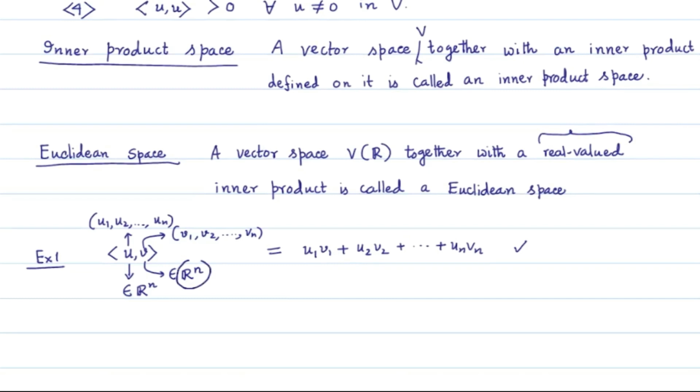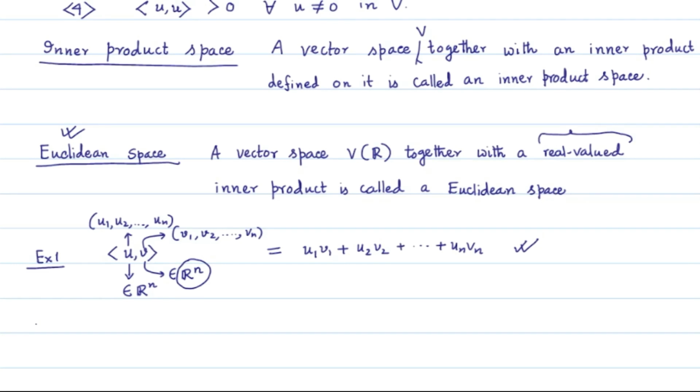Here I have used this term quite often, n-dimensional Euclidean space. We have gone through why the term dimensional. Now here we have gone through why Euclidean, because this Rn vector space is a vector space together with at least one inner product that is real valued.